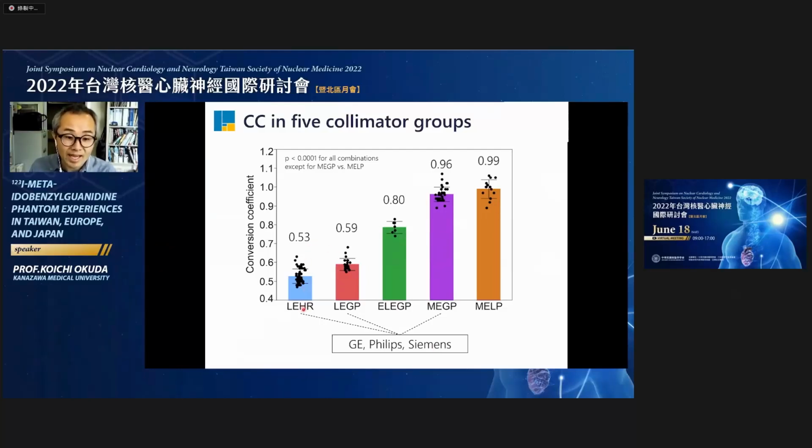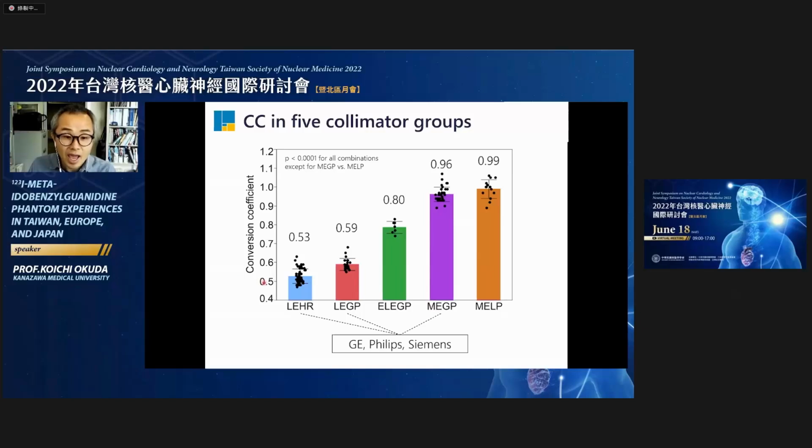0.53 for LEHR, 0.59 for LEGP, 0.80 for ELEGP, 0.96 for MEGP, and 0.99 for MELP were obtained. Significant differences were observed in all combinations except for MEGP and MELP conditions.